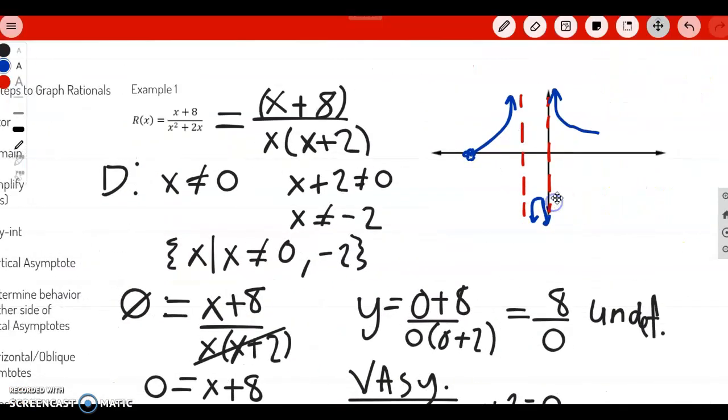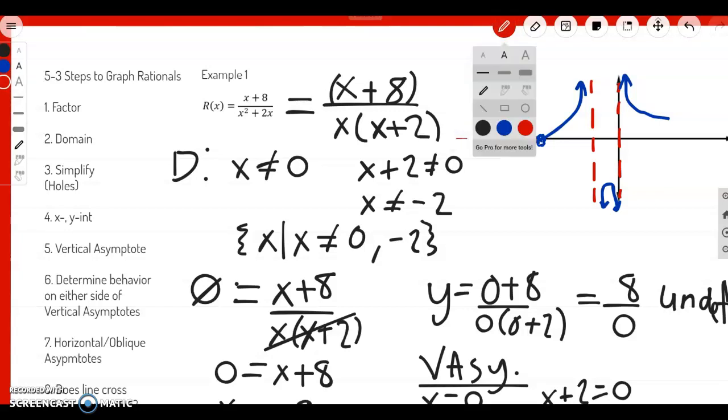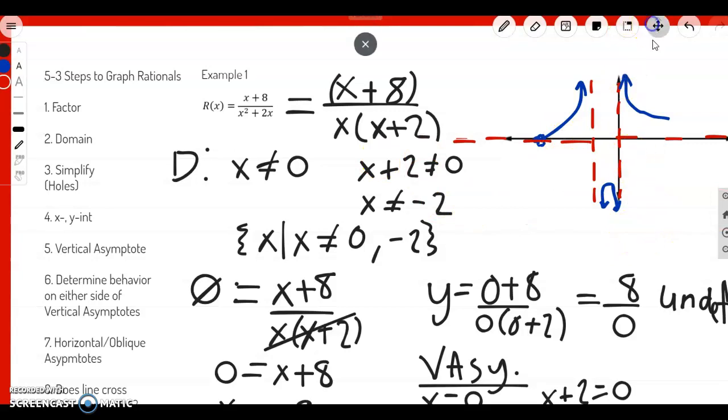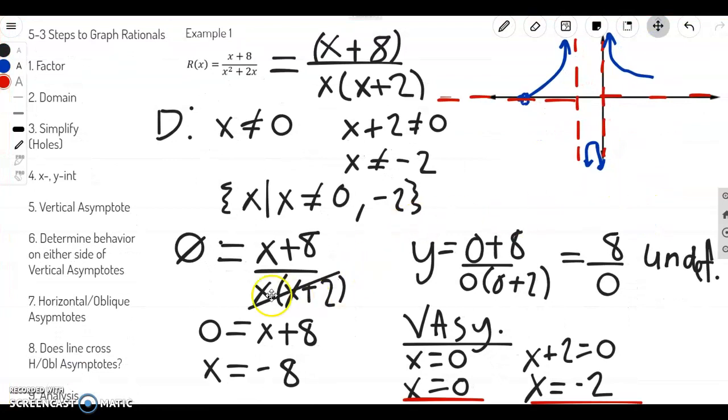And so when we come back up to our equation, when we look at our asymptote, it's going to be here across the line y equals 0. And so we're going to draw the horizontal asymptote across that y equals 0 line. Alright.